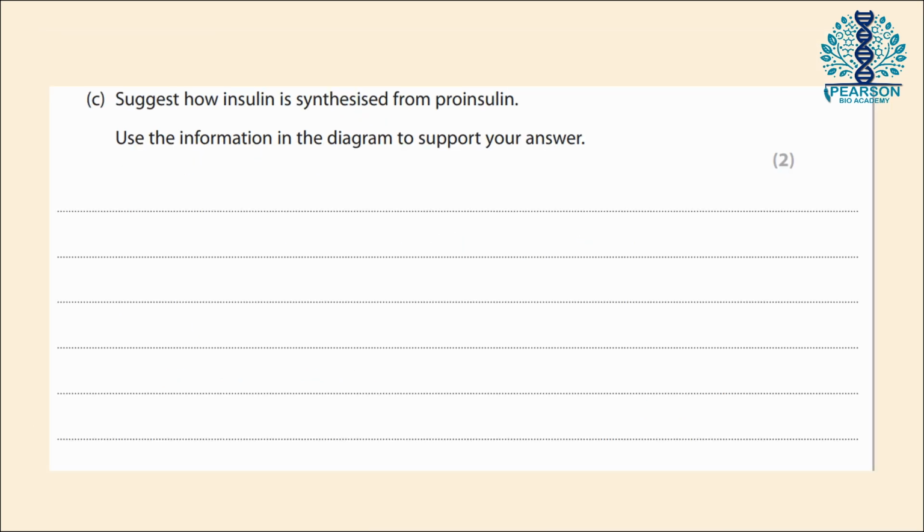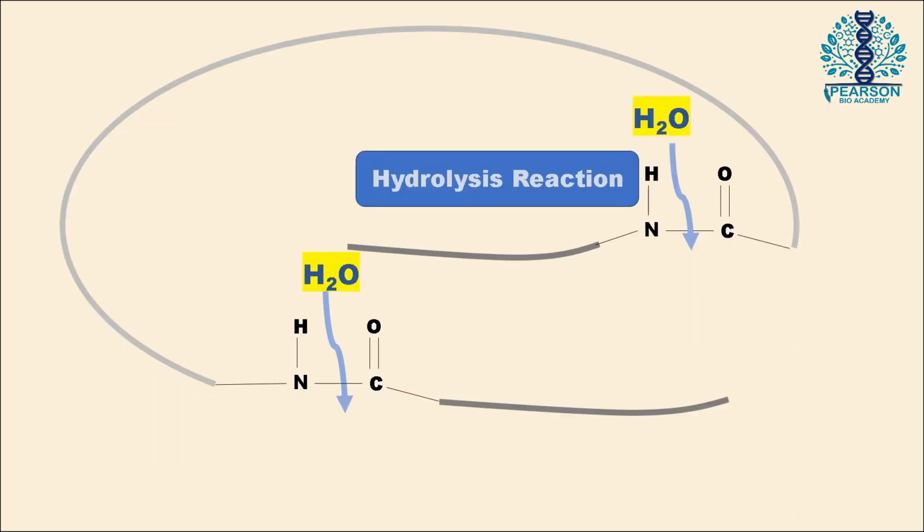And the next part of the same question is: suggest how insulin is synthesized from proinsulin. You can refer to the diagram to help frame your answer. The answer is quite simple. At position P and R, a hydrolysis reaction occurs to separate the connecting region.